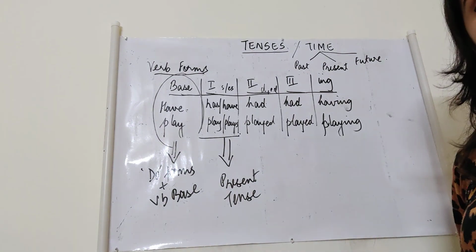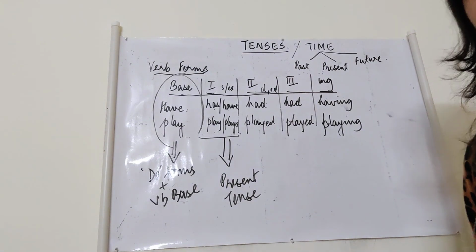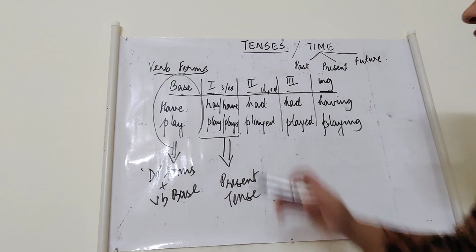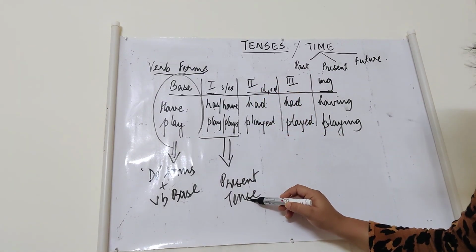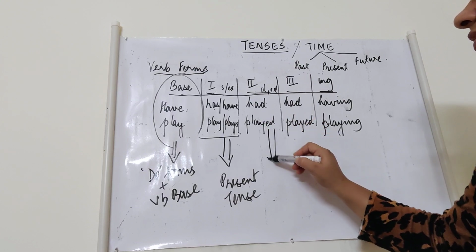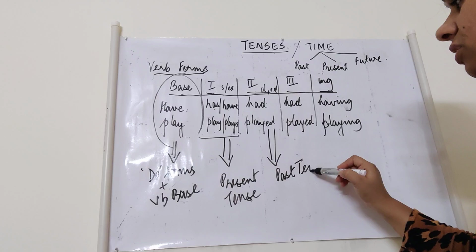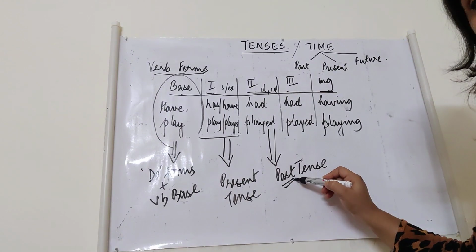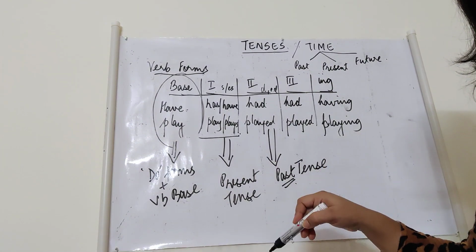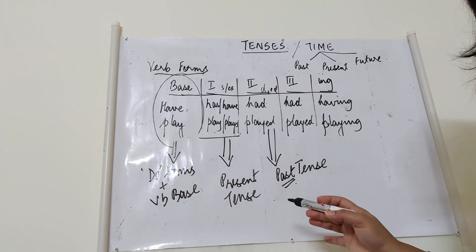It can be present indefinite, present continuous, present perfect, perfect continuous. If you see, the second form of the verb is always used to denote the past tense. Past tense can be past perfect, past continuous, past perfect continuous, simple past tense.